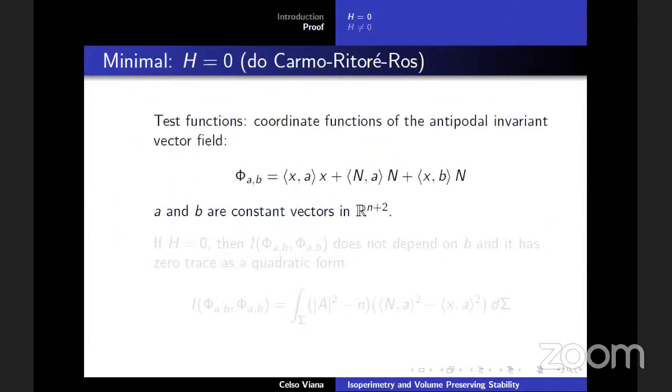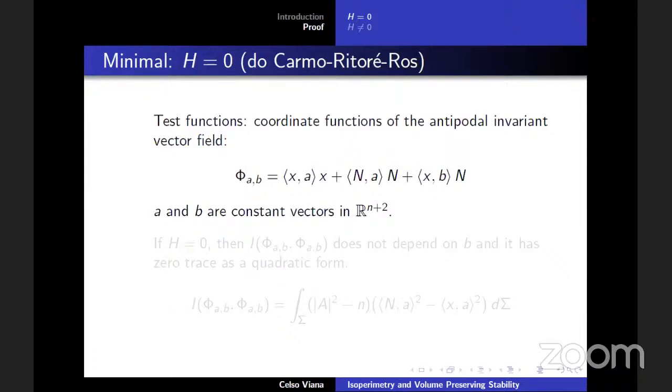Right. So how do Do Carmo-Ritoré-Ros prove the classification when the surface is minimal, right? They consider vector fields of the following form. As you can see, it's a combination of the position vector field and the unit normal vector field. You have this mixed product there, which is important just to make sure that this vector field is invariant by the antipodal map, right?